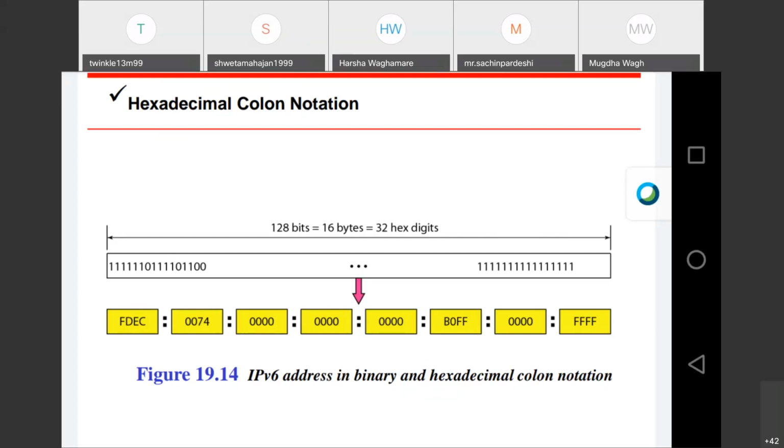So here you will see there are 8 blocks, and these 8 blocks are separated by colons. In each block, there are 4 hexadecimal digits. In this way, we can represent an IPv6 address.